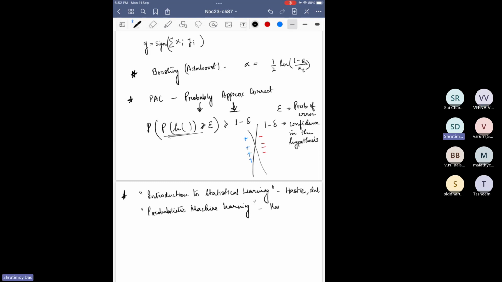Another is Machine Learning by Christopher Bishop, Pattern Recognition and Machine Learning.